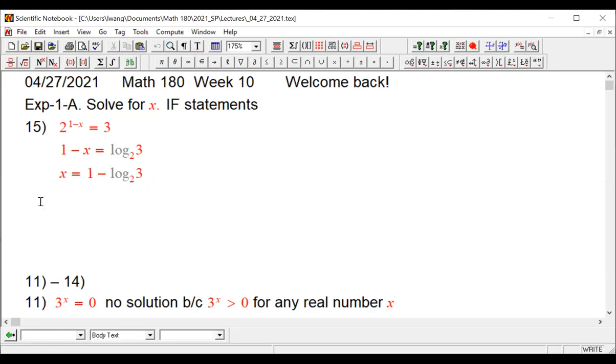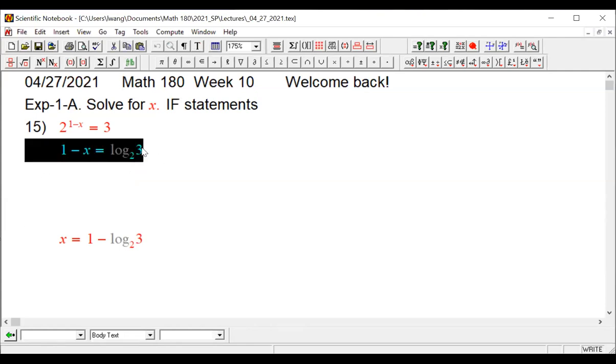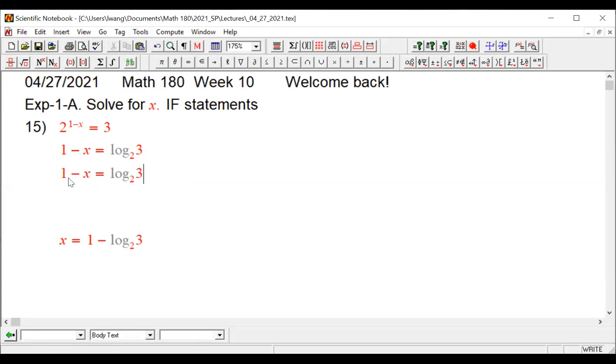Let me guess, most of you are probably more used to doing this: subtract 1 on both sides, and then multiply by -1 on both sides. So x equals this guy. You still get the same answer, of course.